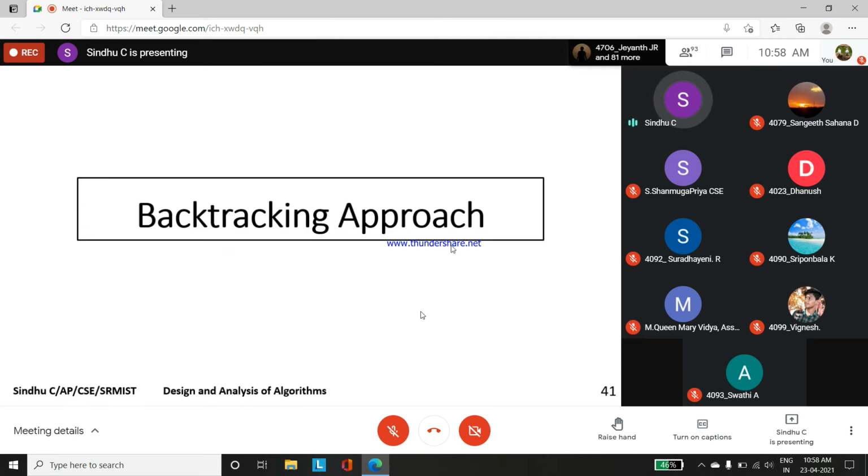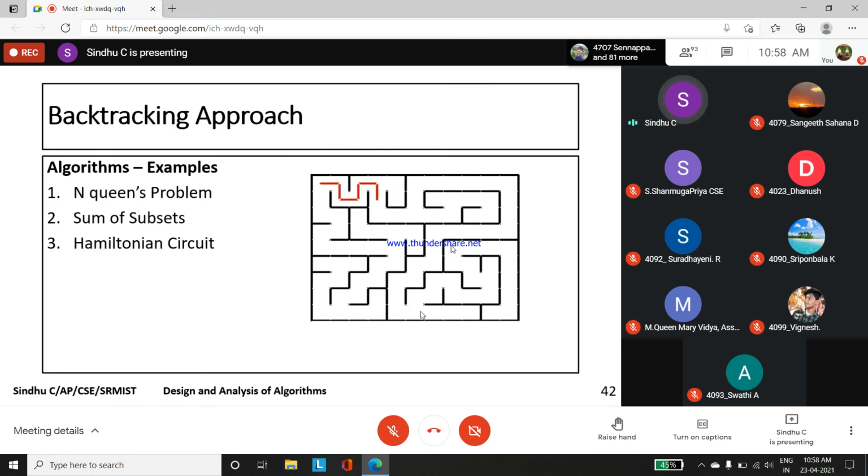And finally, coming to the backtracking approach. Backtracking and branch and bound are both a little similar in the way that both of them use a state space tree, and both of them use bounding conditions.